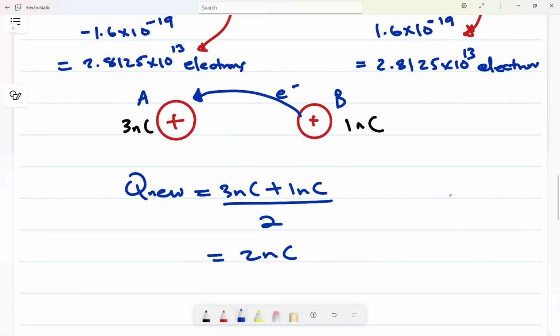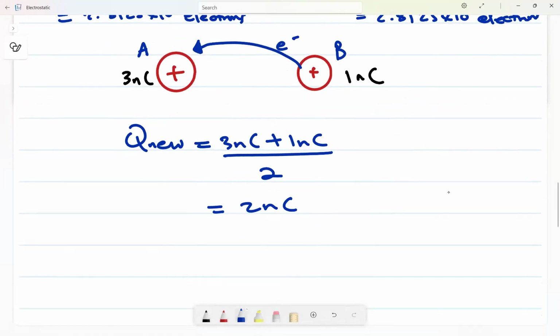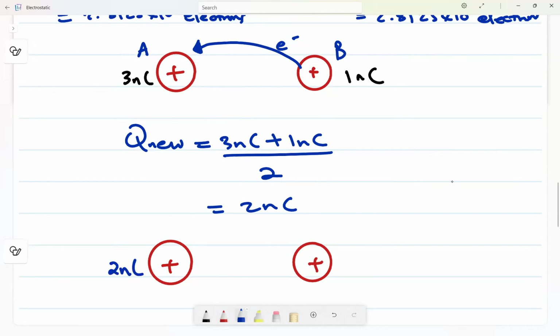Can you see now, after the contact, they both have positive charges? Yes, true. It is the same, positive, positive. But now, can you see the value of this one decreased to 2 nanocoulomb? The value of this one increased to 2 nanocoulomb. It means this one gained electrons.